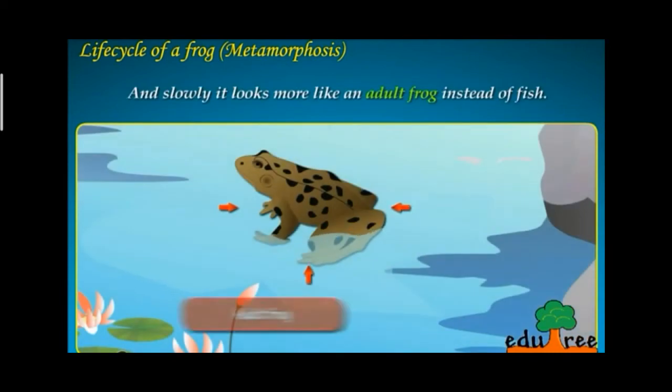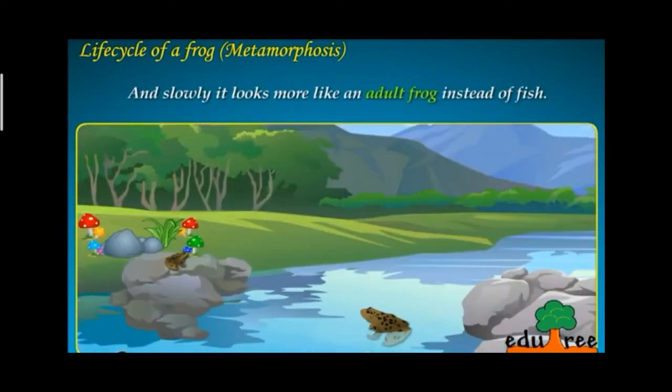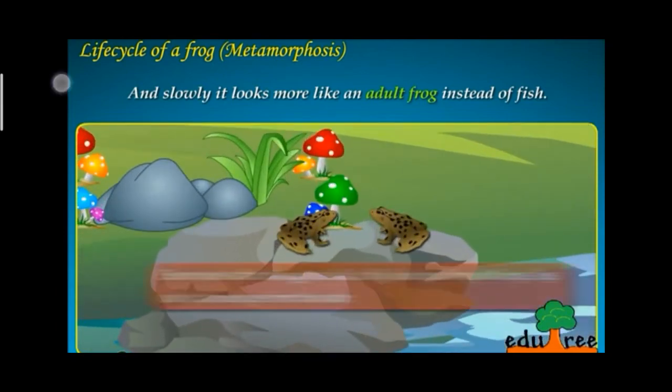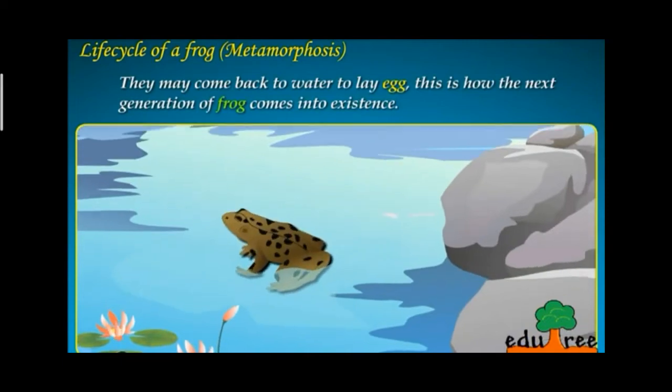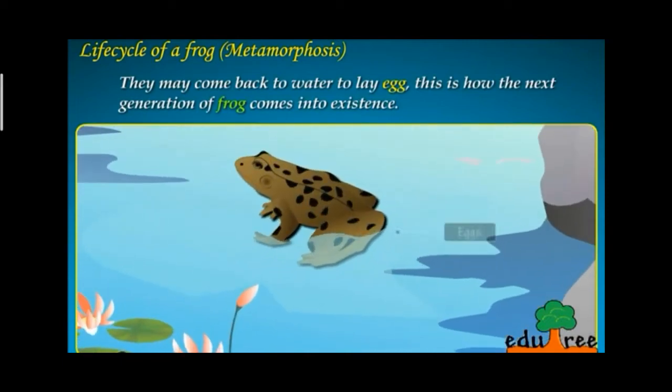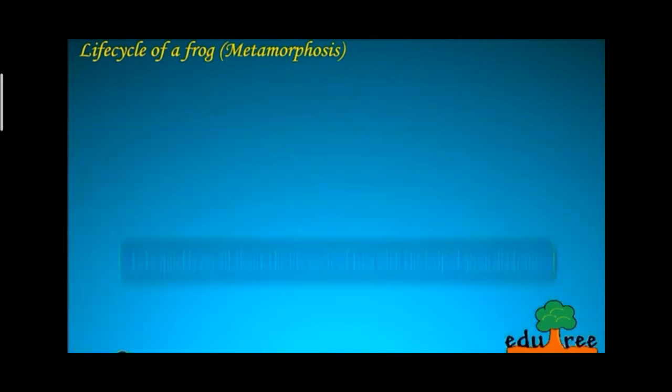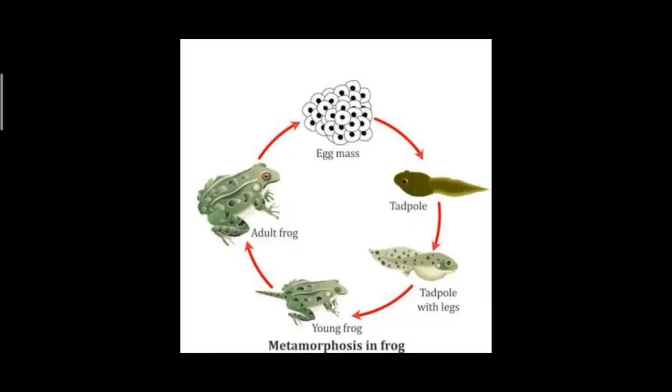And slowly it looks more like an adult frog instead of a fish. These adult frogs come back to the water to lay eggs. This picture shows the life cycle of a frog, or metamorphosis in frog.